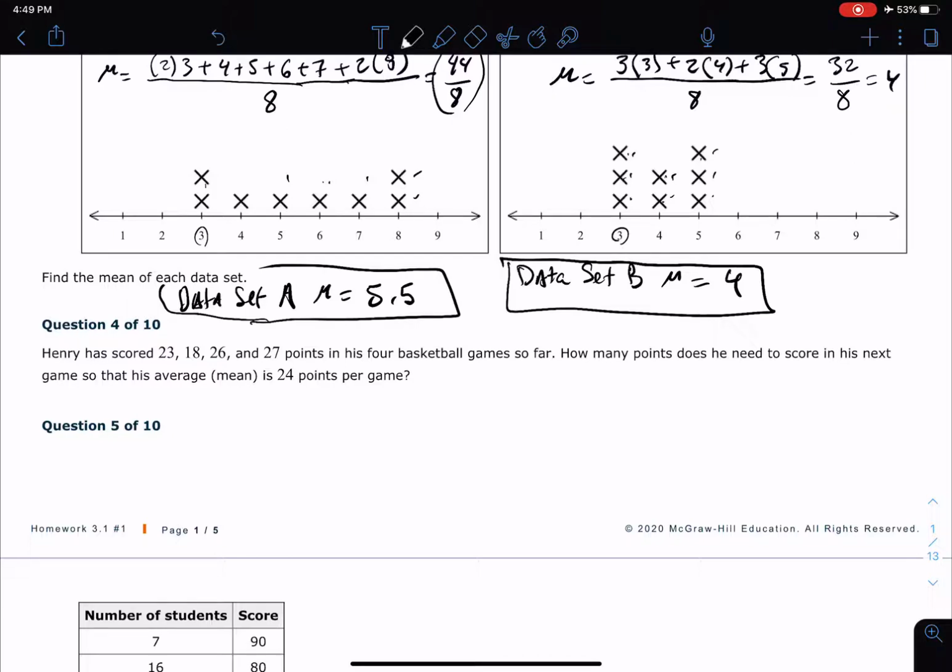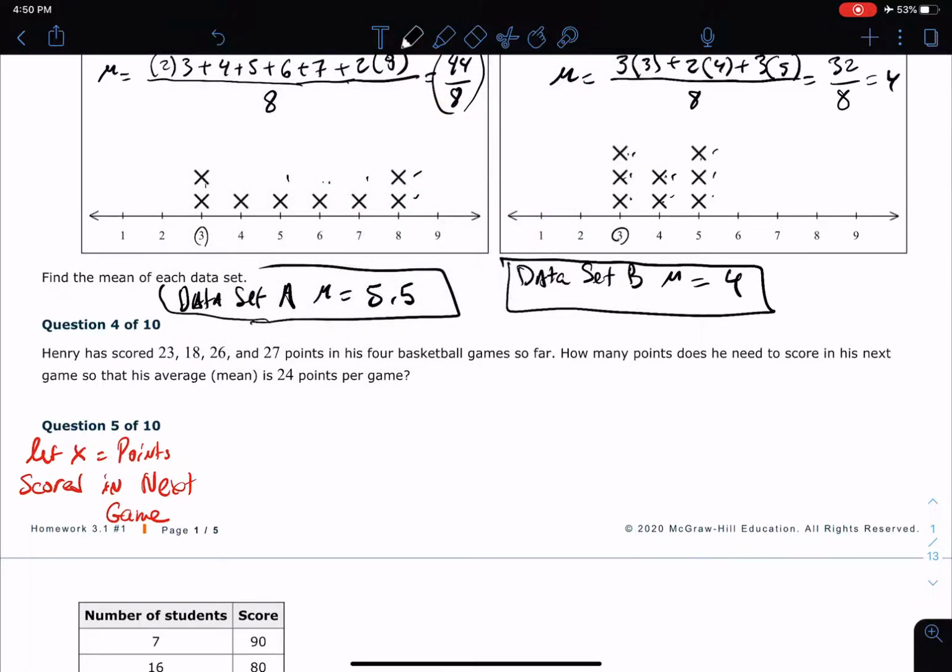We want to know how many points he needs to score in his next game. So we'll do a let statement. Let x equal the points scored in the next game.